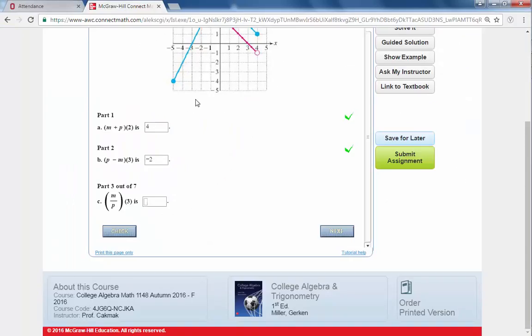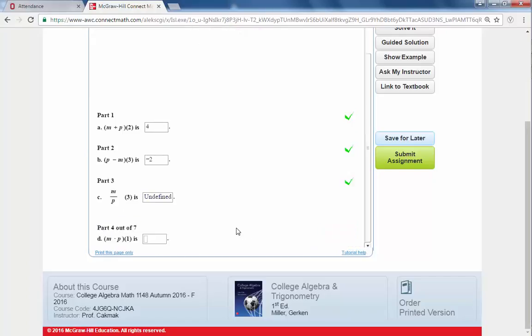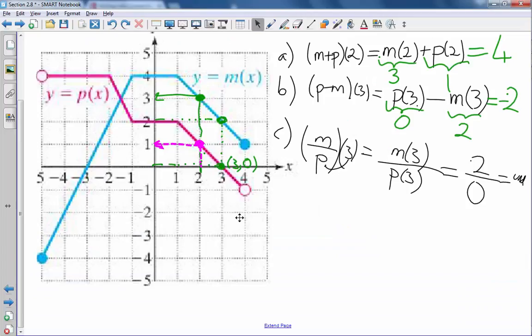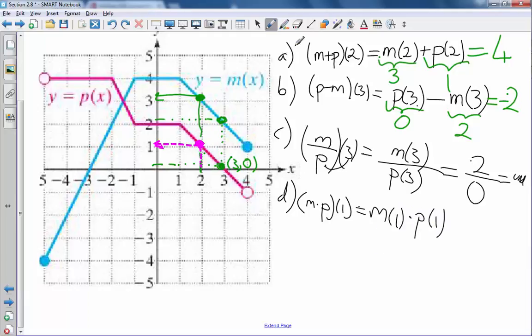So how do we type this in? Oh, there's a button just for that. MP of 1, multiplied. That means find M of 1, find P of 1, and multiply the results.